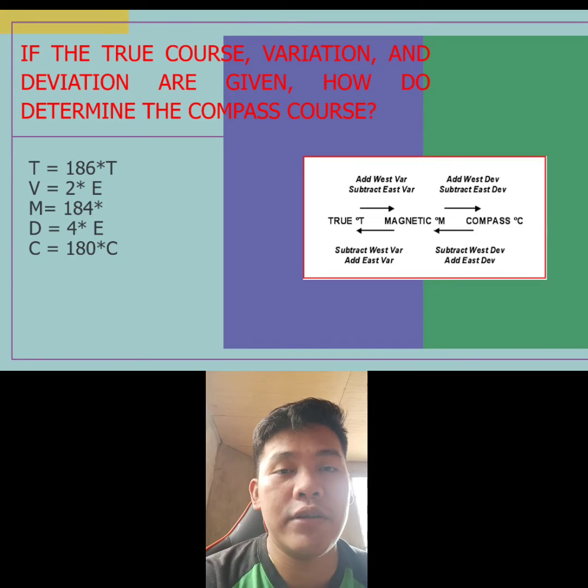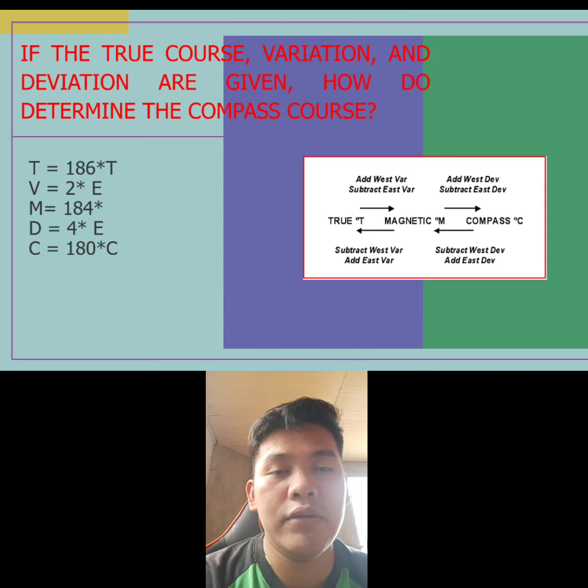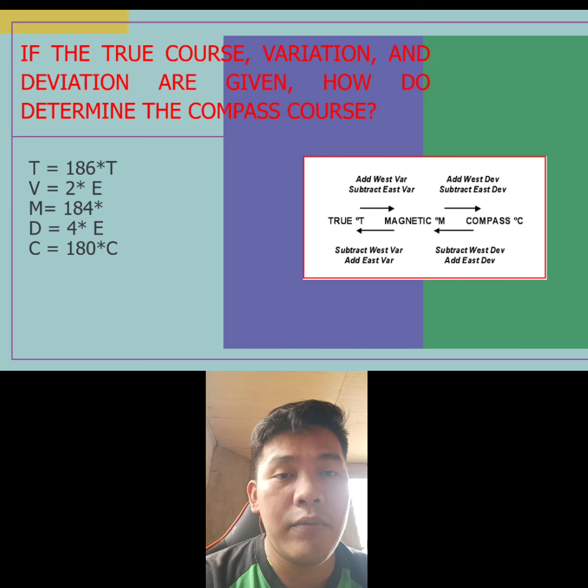So the fifth question is, if the true course, variation, and deviation are given, how do you determine the compass course? My given is 186 degrees true, 2 degrees east variation, and 4 degrees east deviation. Since this is an uncorrecting way, we need to add the westerly and subtract the easterly signs.